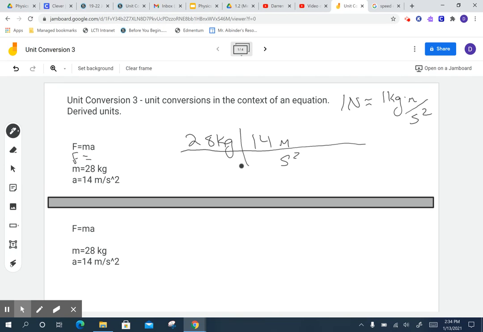So this is 392 newtons. Now, if we want to do this correctly, there's only two significant figures here and here. So this becomes 390 newtons. And then we can go ahead and collapse that down to 3.9 times 10 to the 2 newtons.